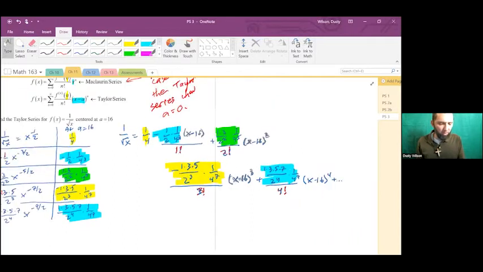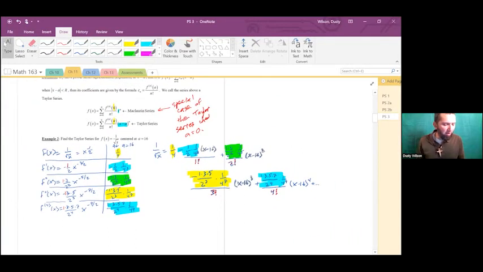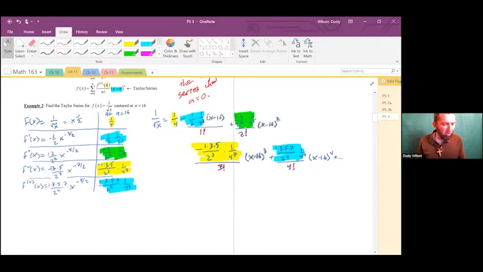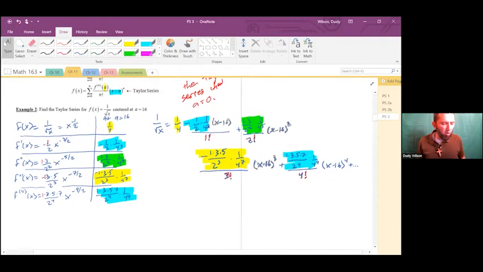If we back up, you can see that we have a power series representation for 1 over the square root of x. And all of those terms are going to be 0 when x is equal to 16. Notice that at 16, the two match. So at 16, you'd have 1 over the square root of 16, or 1 over 4, equals 1 over 4 plus a whole bunch of zeros.